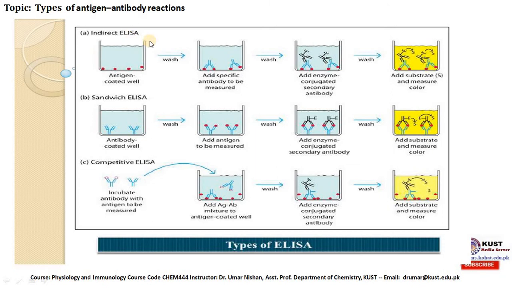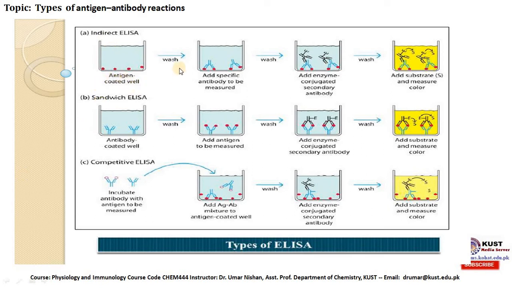Here is an example of how indirect ELISA functions, here is how sandwich ELISA functions, and here is how competitive ELISA functions. These are the different types of ELISA, so you can have a look at how they function.